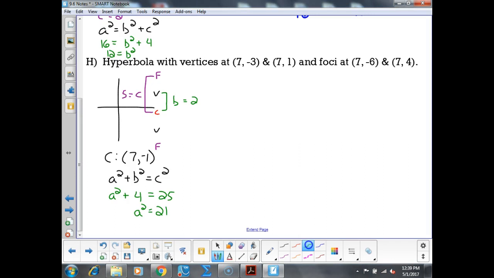Now, which way does this hyperbola open? Up and down, right? Okay, so is that x squared minus y squared, or y squared minus x squared? Y squared minus x squared. Okay, so then my formula is going to be y minus k quantity squared over b squared, minus x minus h quantity squared over a squared, equals 1.